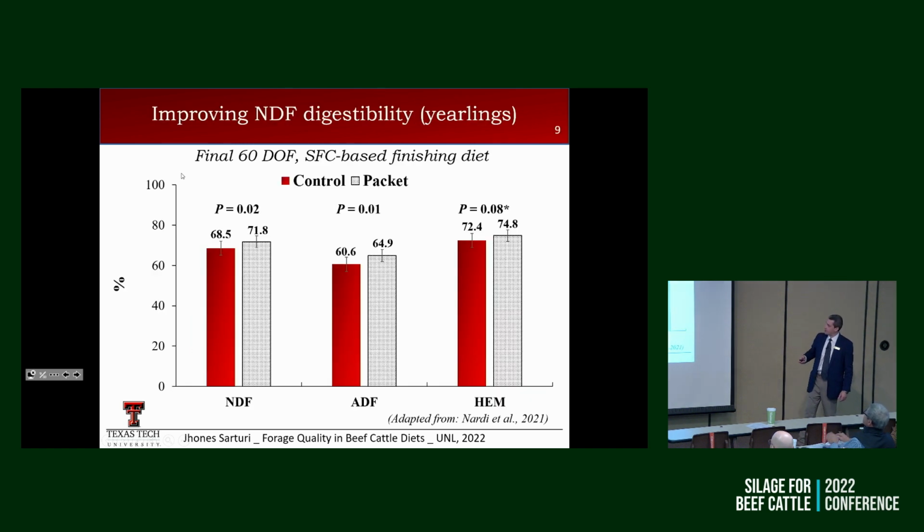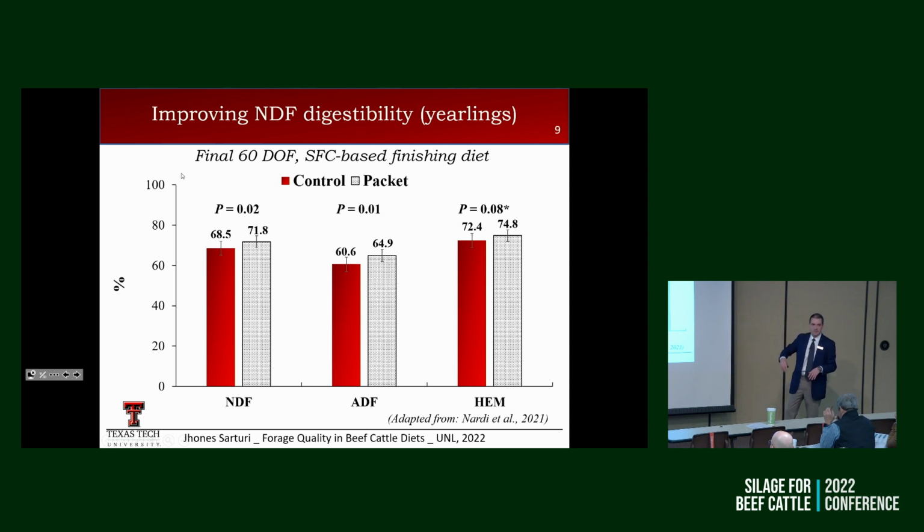Okay, so just follow that. And then trying to strategize, when is the best moment? 60 days prior to finishing would be the worst environment ever for fiber digestion, just before we ship these animals to the harvesting facility, to the packing plant.